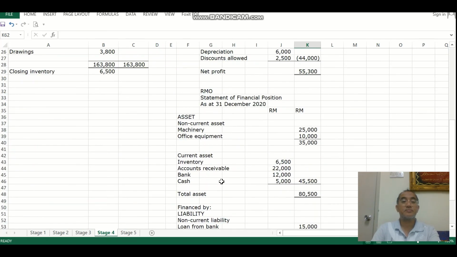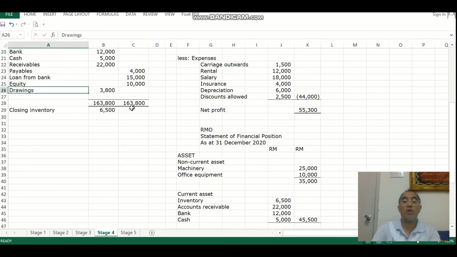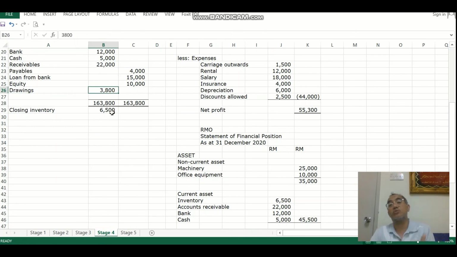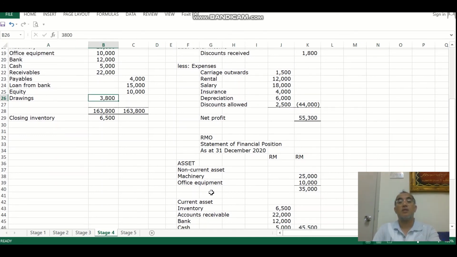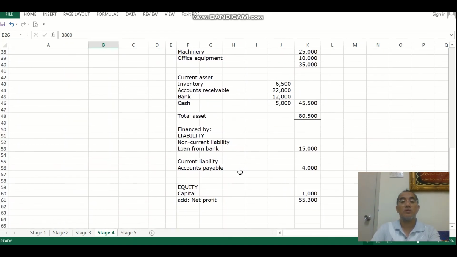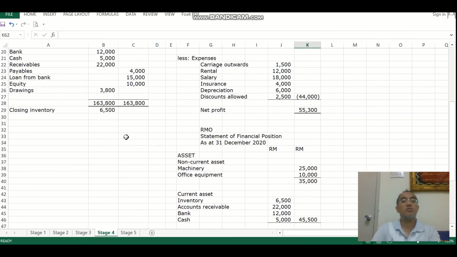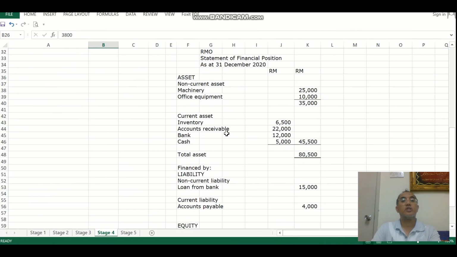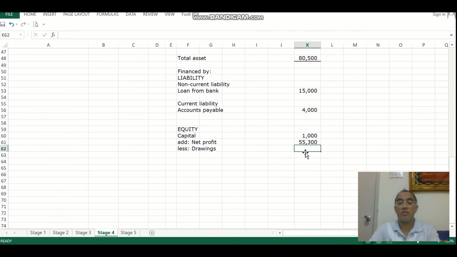And like I said just now, drawings will reduce your capital because you're always taking from your own money or your own business. So I put here less drawings. How much are my drawings just now? Drawings is 3,800. So minus 3,800.